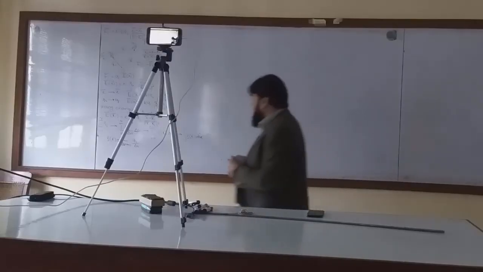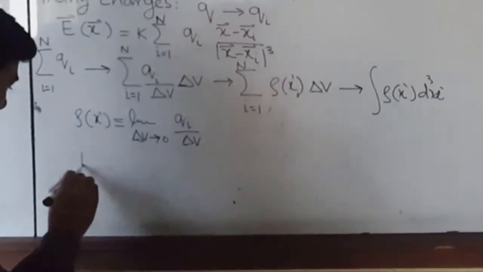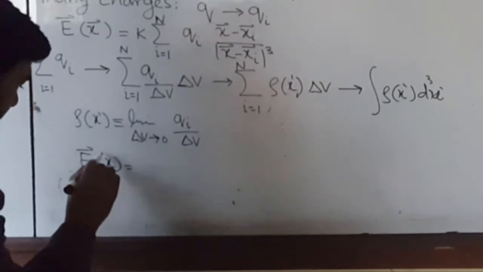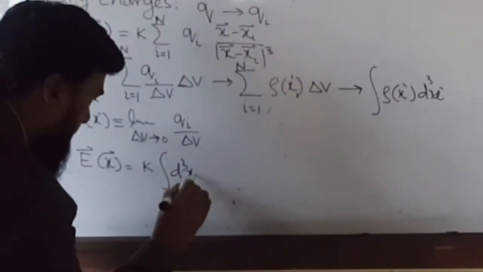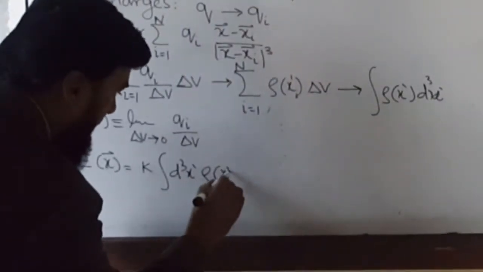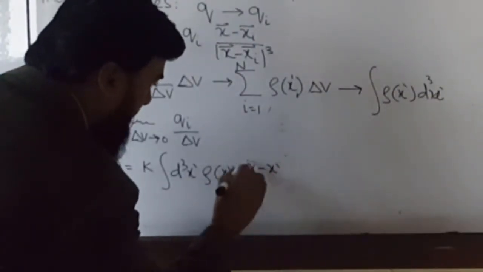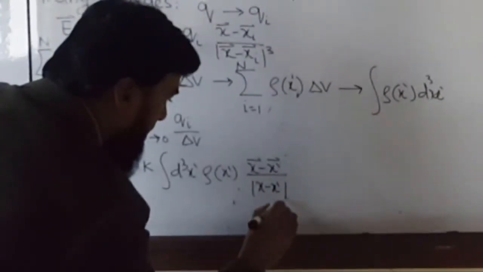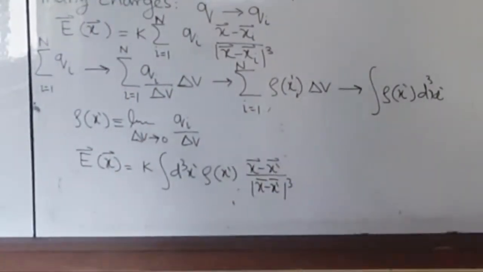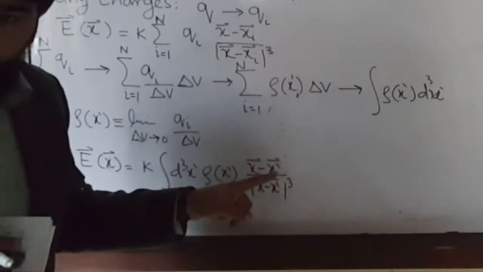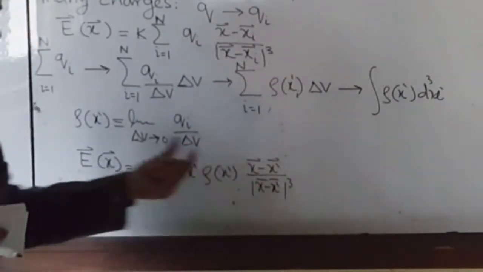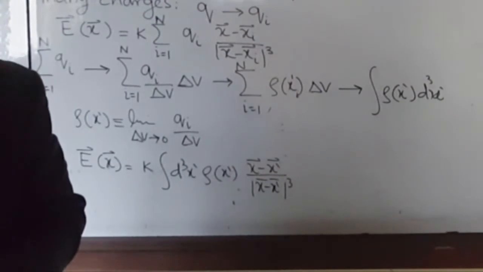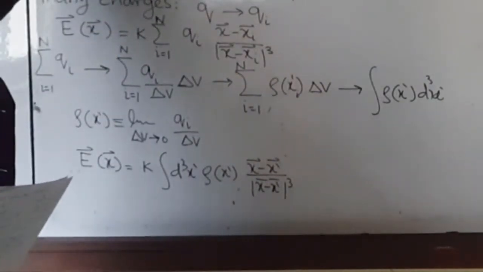So I can write E, the electric field at any point x, is equal to K integral d cube x prime rho of x prime, times x minus x prime divided by the magnitude of x minus x prime cubed, where x prime is the position of the charge density from the reference point, and x is the point at which we find the electric field from the charge distribution.